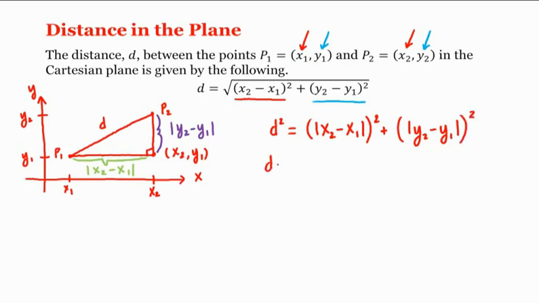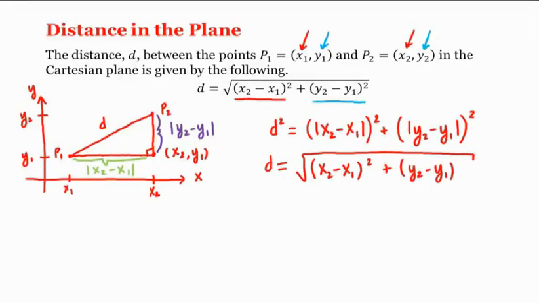Therefore, d is equal to plus or minus the square root of the right-hand side. But since d is a length, we're going to take the positive square root. And when we square absolute values, we can drop the absolute values. And we get our formula.